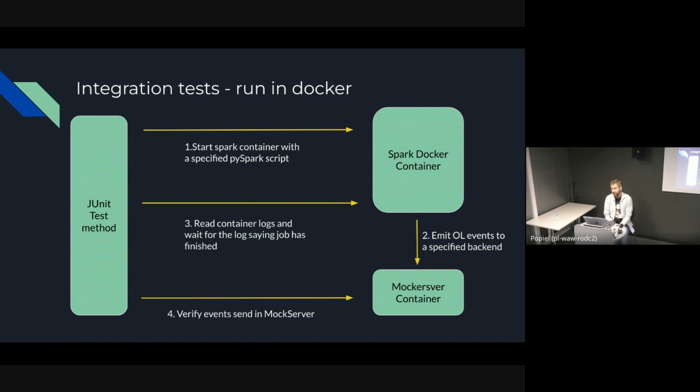While it is running, it emits OpenLineage events to a mock server, and the JUnit test method is reading the logs of this Docker container, and at some point it finds out the processing has finished. Then it stops and goes to the mock server and verifies what events were emitted. Do they include what I expected? If yes, it is passing.